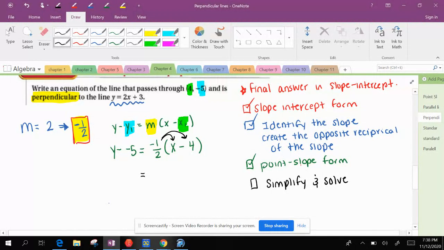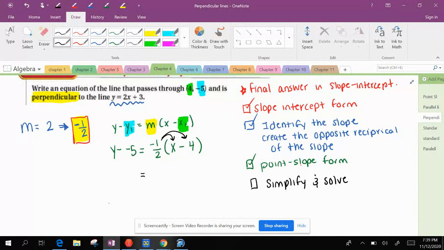When you have a fraction, don't be afraid of it, especially the fraction half, 1 over 2, or -1 over 2. Instead of saying 1 over 2, replace that with the word half. It's much easier to solve problems like that. If I say, what's half of 10, you're quickly going to say 5. But if I say, what's 1 over 2 multiplied to 10, you might think about it for a second.